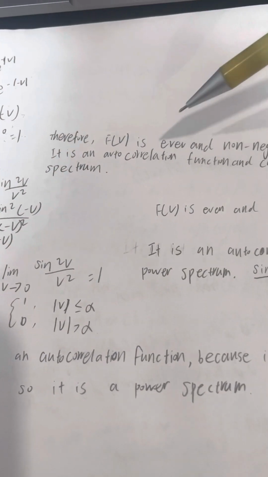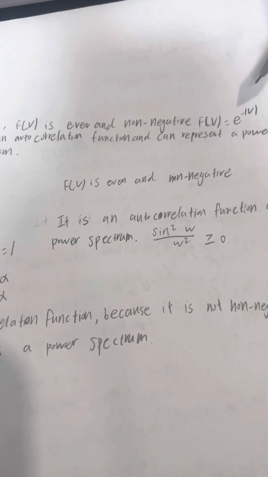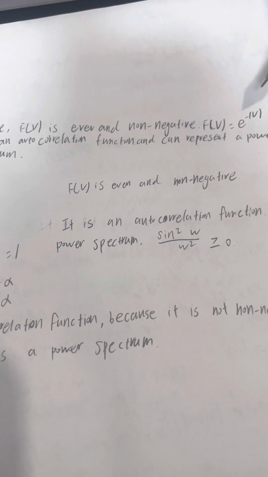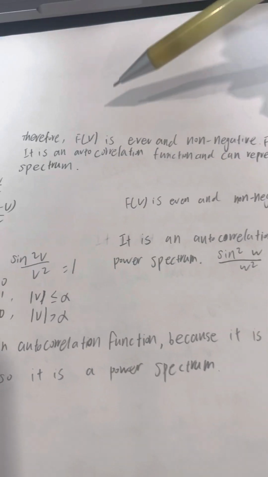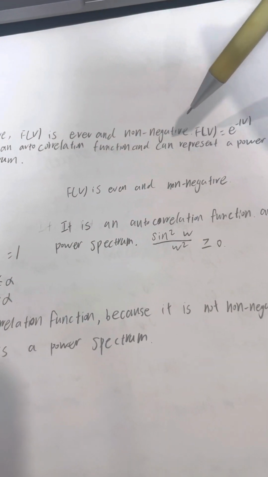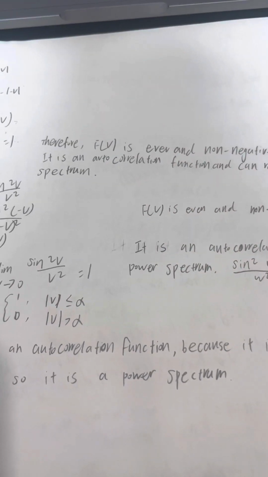Therefore f(v) is even and non-negative, and f(v) equals e to the negative absolute value of v power is an autocorrelation function, and it can also represent a power spectrum.